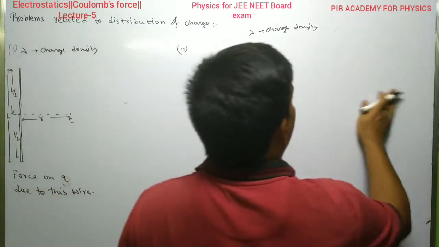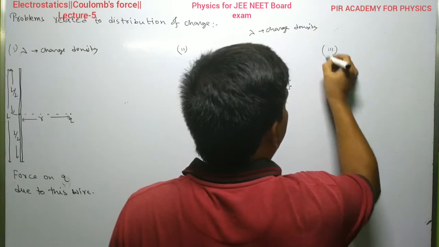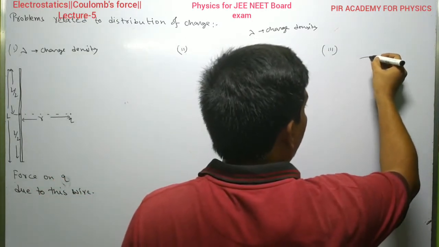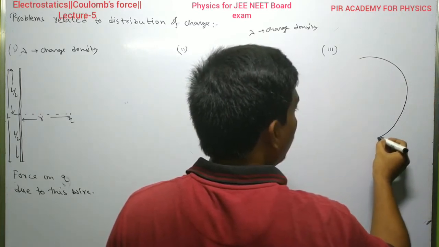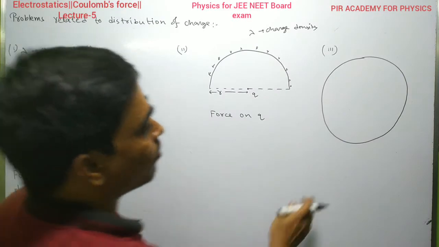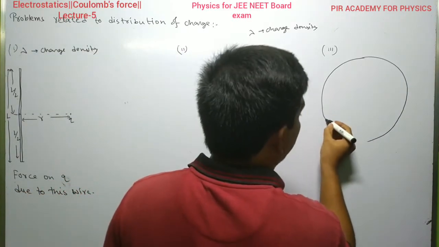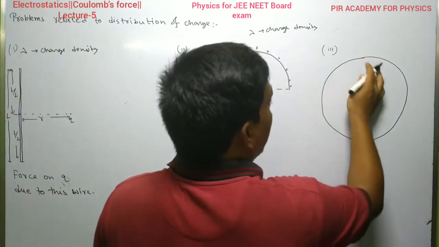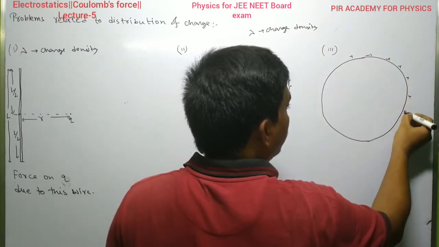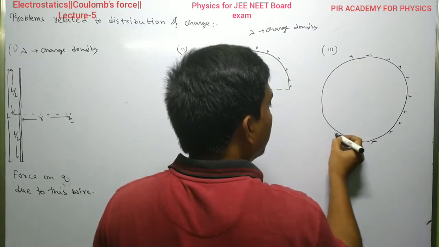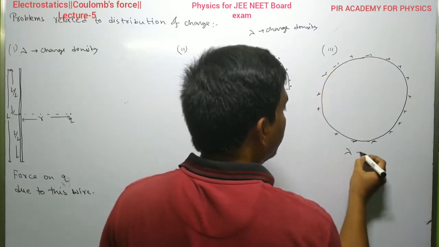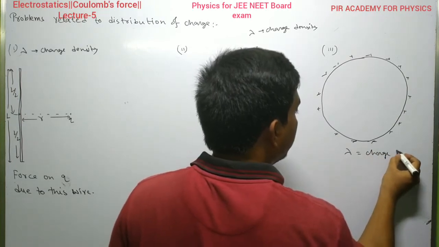Now number 3, this is a circular wire, and this circular wire contains charge of linear charge density lambda.